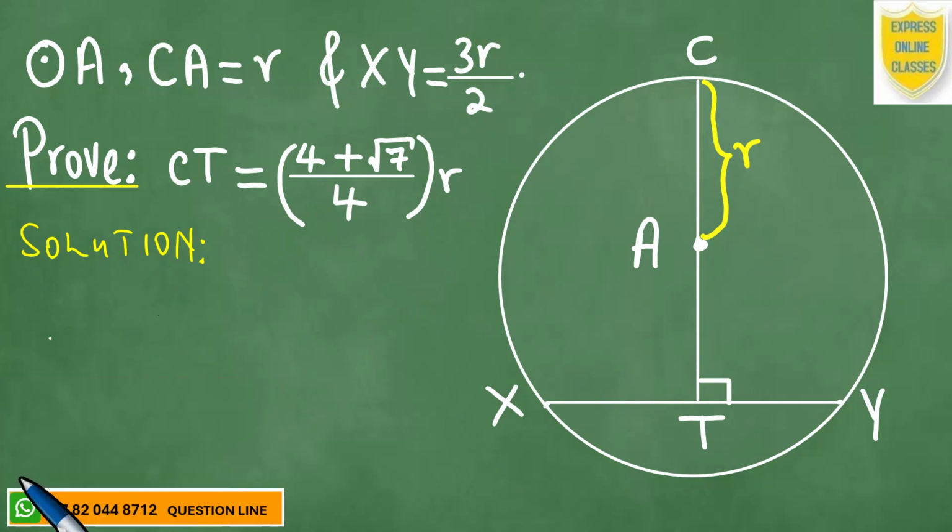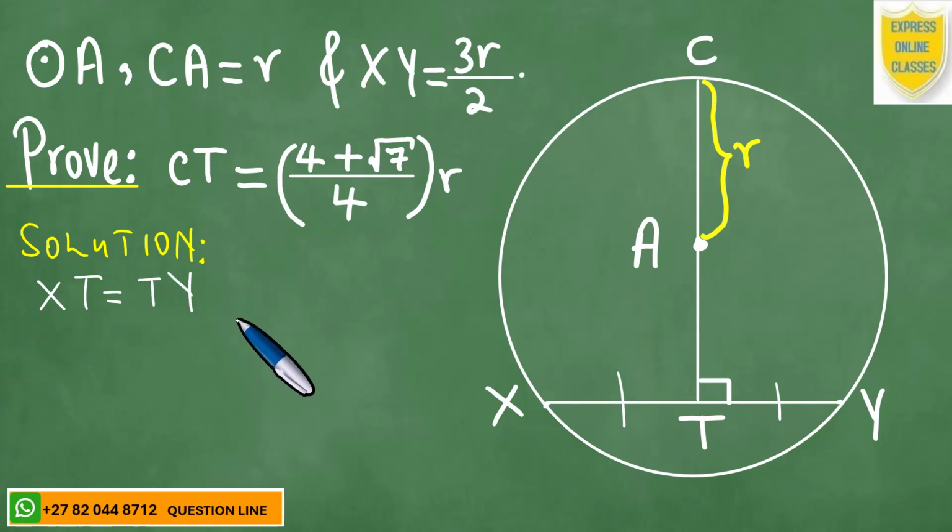As we present a solution, first and foremost we have been given that XY is 3r divided by 2. And we take note of the fact that, because AT is perpendicular to XY, it must therefore bisect XY. Immediately we are able to see that XT is equal to TY.